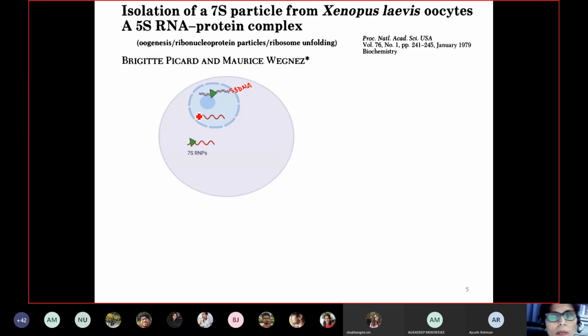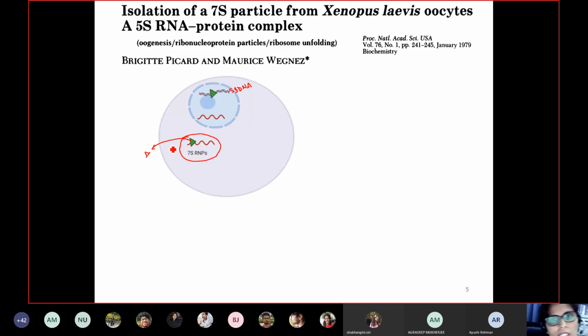Now, before this paper of David Engelke that we discussed last time, there were other scientists who purified 5S RNP complexes. For example, this is one 5S RNP complex, and from these complexes they purified the bound proteins, for example this green material here.